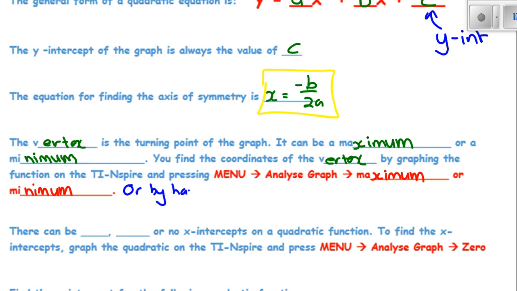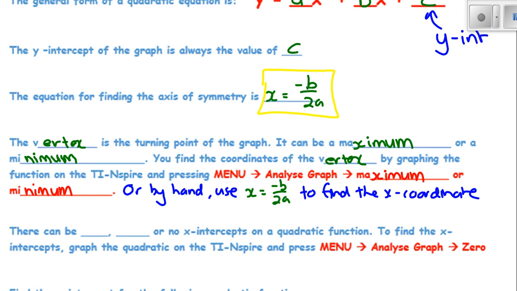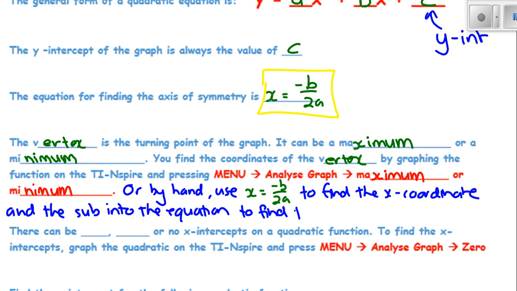Use x equals negative b over 2a to find the x coordinate, because it's the same thing, and then sub into the equation to find the y coordinate.